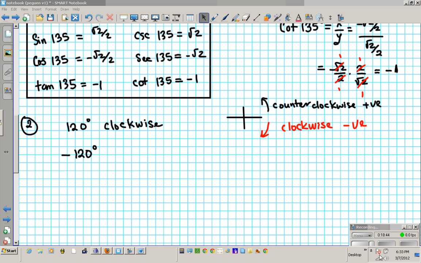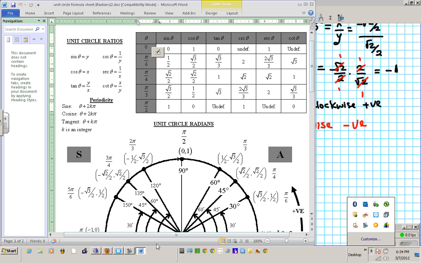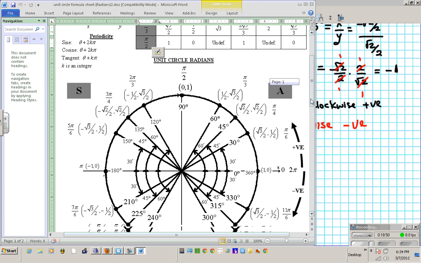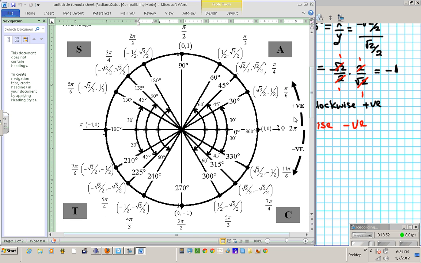On the unit circle, everything is positive, right? This is positive 120 degrees going around this direction. So what do you think negative 120 is? It simply means instead of going this amount of degrees, you're going to go the equivalent amount of degrees in the opposite direction.